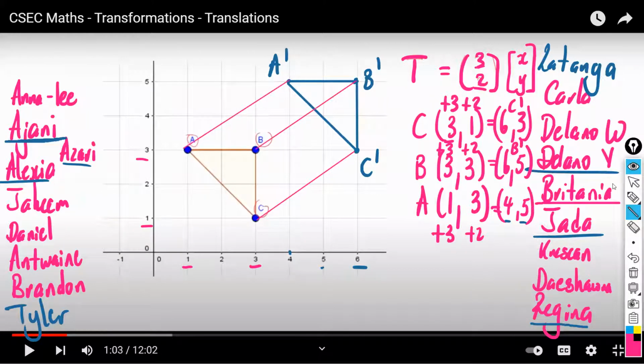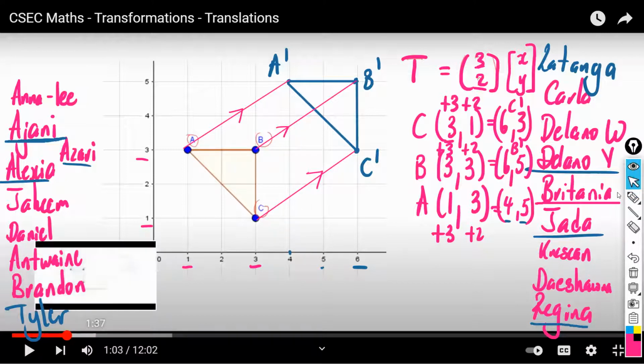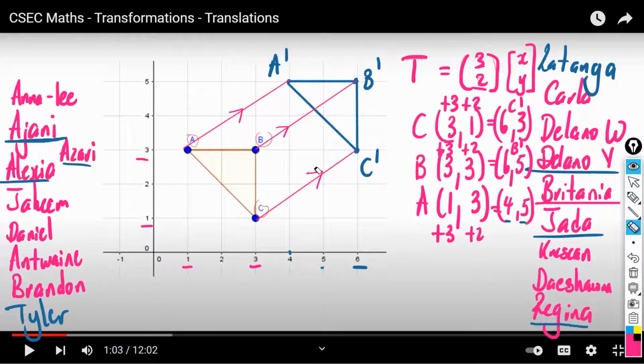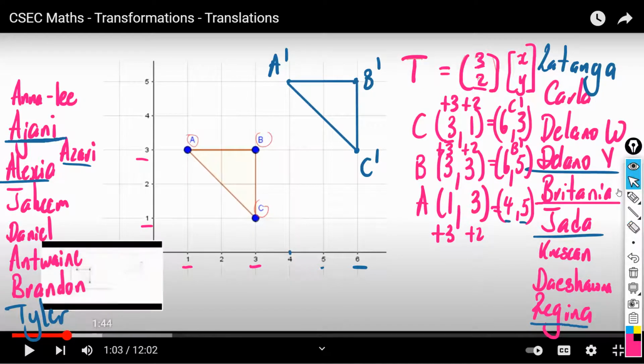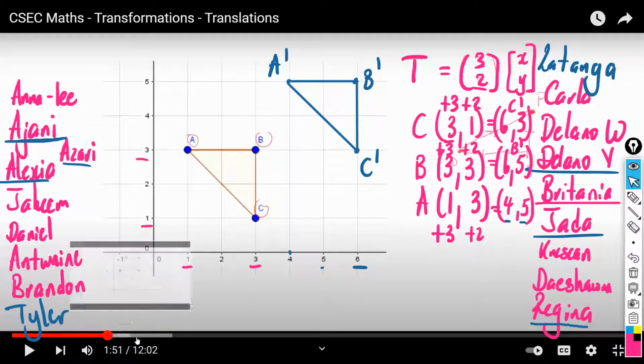Make sense? And you moved it over here, so you moved it that way, right? Man, this makes it look good. If you do this in the exam, you must get first in the island. But you don't have to draw those arrows, guys. You really don't need to. In the exam, I'd much rather you just don't draw the arrows, you know? That's just for somebody who's just trying to be extra.